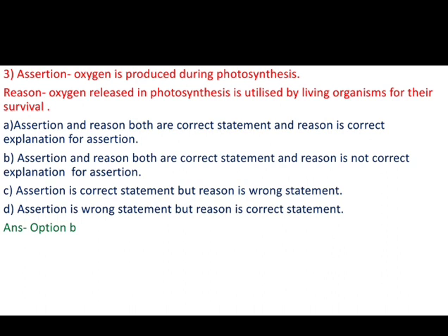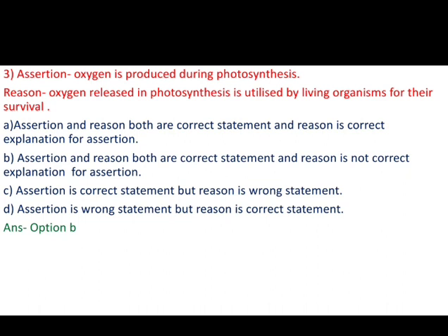Option B. Why? Because yes, it's true that oxygen is produced during photosynthesis, but this oxygen is produced as a byproduct of the process of photosynthesis. And this oxygen released in the photosynthesis process is utilized by living organisms for their survival.